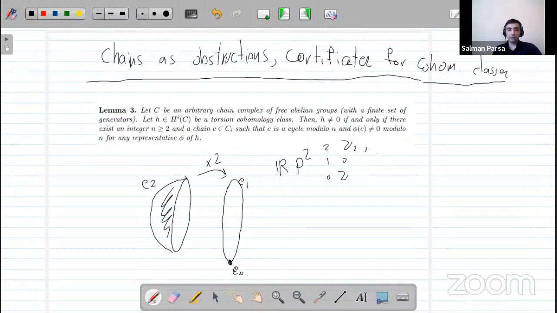Okay, there's only a Z2. And this Z2 is generated by the cocycle which assigns 1 to this e2, so let's say e2 hat, for instance.